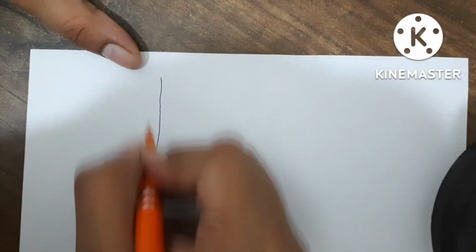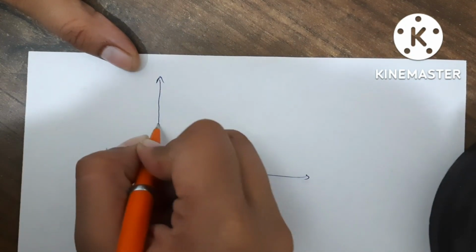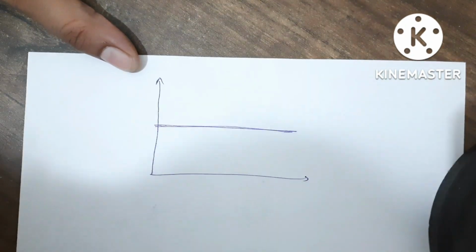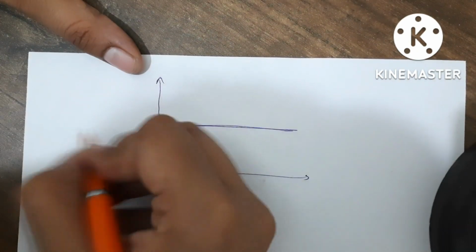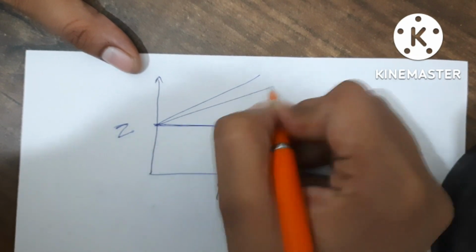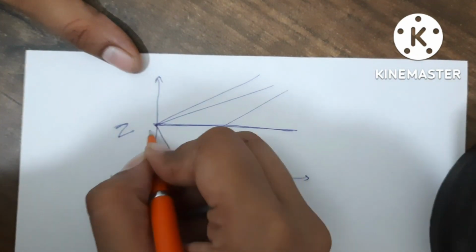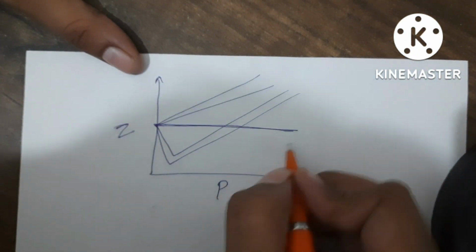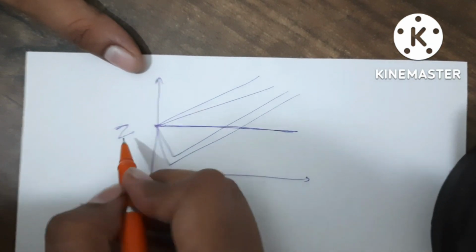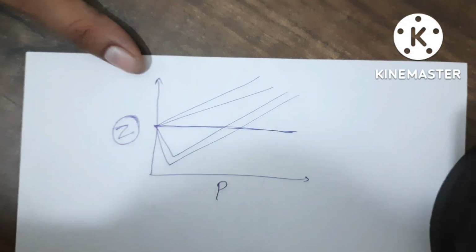Now, if there is no force of attraction, then the Z value remains the same, like for the ideal gas. But when we plot Z versus P, we get a graph like this, first negative, then positive. That means there is some positive or negative deviation in the compressibility factor.